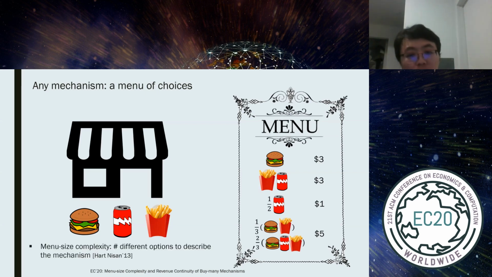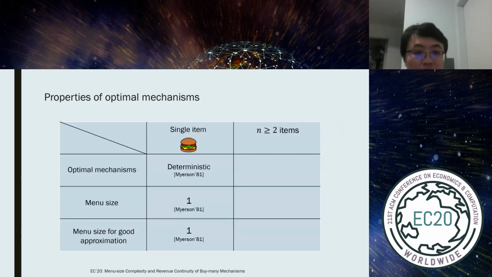And the number of options on the menu is called the menu size of the mechanism, which was introduced in a seminal paper by Hart and Nisan. It is known that the optimal multi-item mechanism can be complicated compared to the single item setting. The optimal single item mechanism is just a posted pricing mechanism, and thus it's deterministic and has menu size 1.